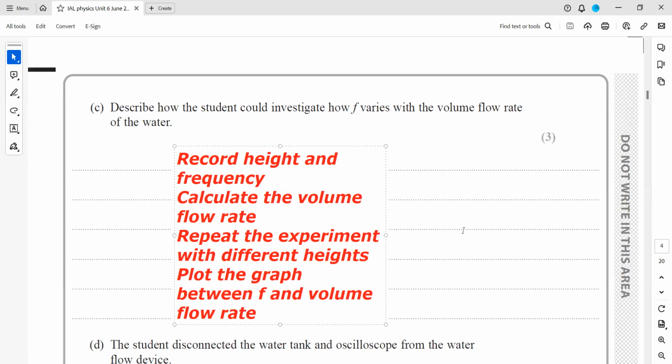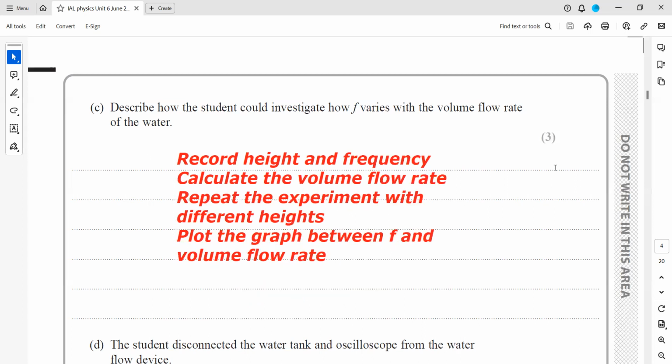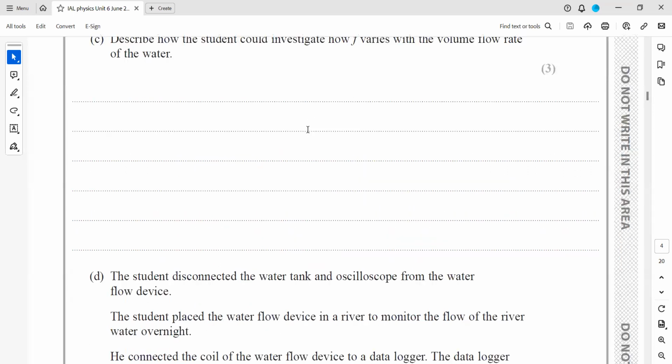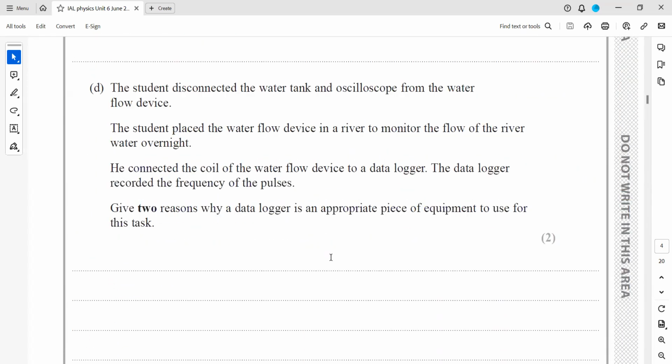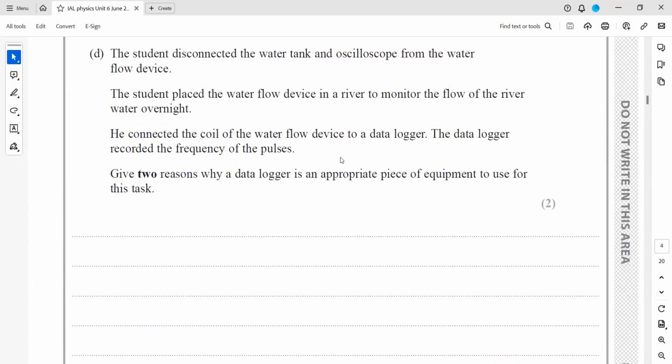So that's how it should be done. Simple answers are there, but it is based on your understanding of the question, especially for unit 6.